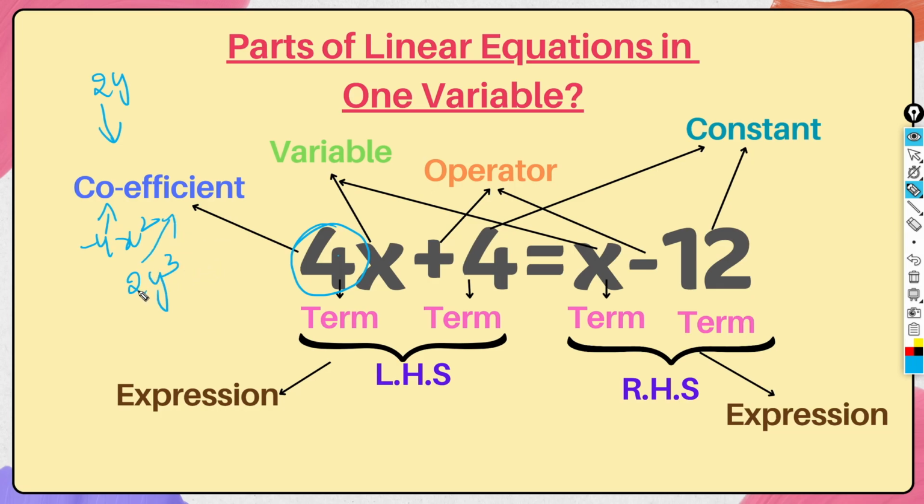Like this, any number in combination with a variable is called a coefficient. Then these arithmetic operators are called operators. That is, plus is an operator, minus is an operator. So all these are the parts of linear equations in one variable.